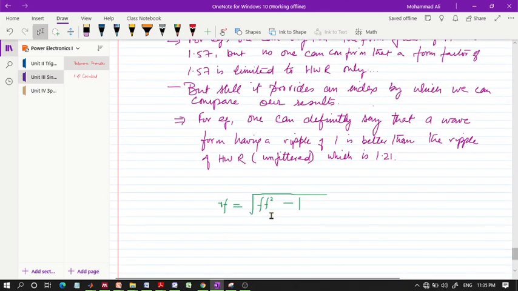The ripple factor is equal to the square root of form factor square minus 1. This you can do yourself by using the expressions given above. So I will stop the discussion of parameters over here. From next video we will be discussing about the half wave rectifiers, controlled half wave rectifiers.